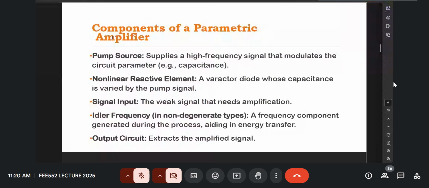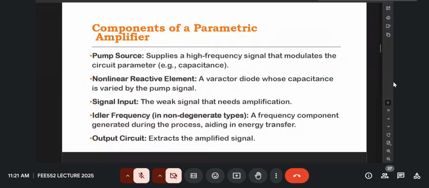So the components of our parametric amplifier are the pump source, which produces the very high frequency, high power signal. Then we have the nonlinear reactive element. Here we have a varactor, whose capacitance is varied by the pump signal. Then we have the signal input, which is the signal that we want to amplify.